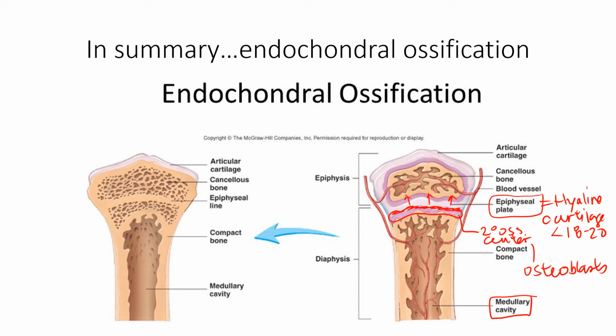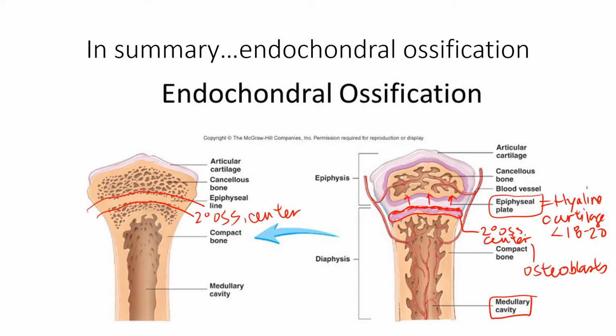Now, by the time we reach our late teenage years, this zone right through here of ossification, our secondary ossification center, is able to overtake this zone right here, which used to be the epiphyseal plate. Sex hormones and puberty give you one last chance to have a growth spurt, and then the secondary ossification center overruns the epiphyseal plate.